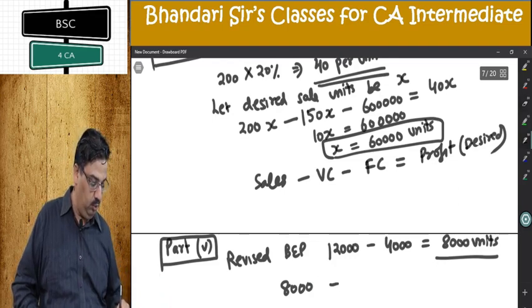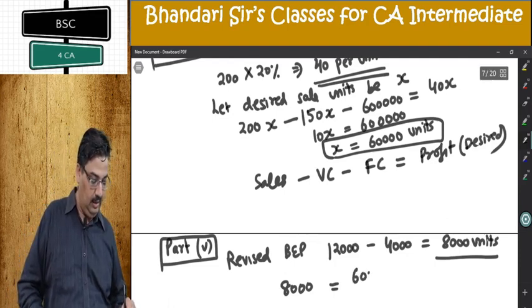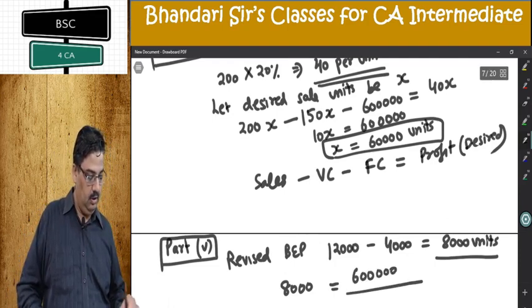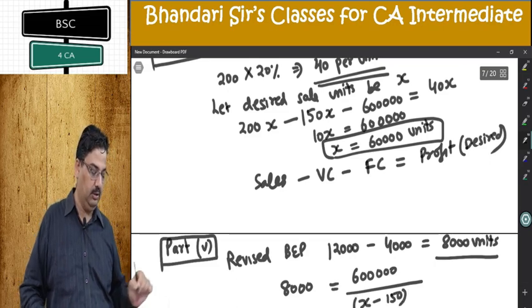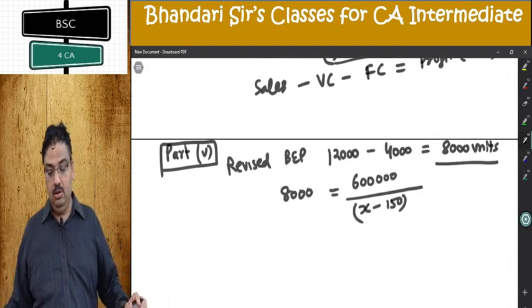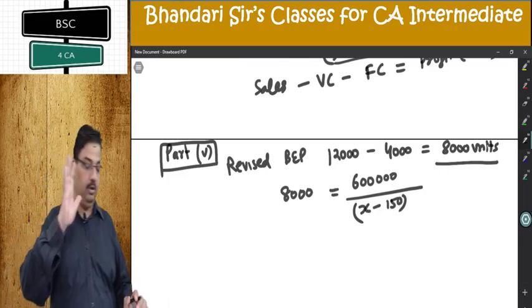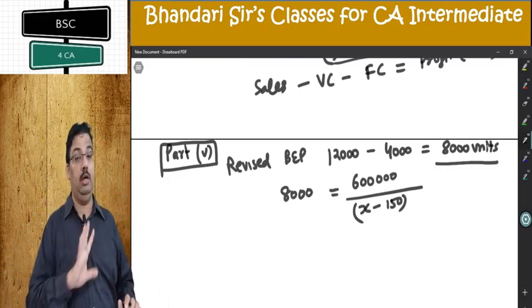Now 8,000 units is equal to fixed cost 6 lakh divided by X, selling price minus 150 variable cost. I have to solve this equation. If it was reduce break-even point to 4,000 units, then the left hand side will be 4,000, not 8,000.